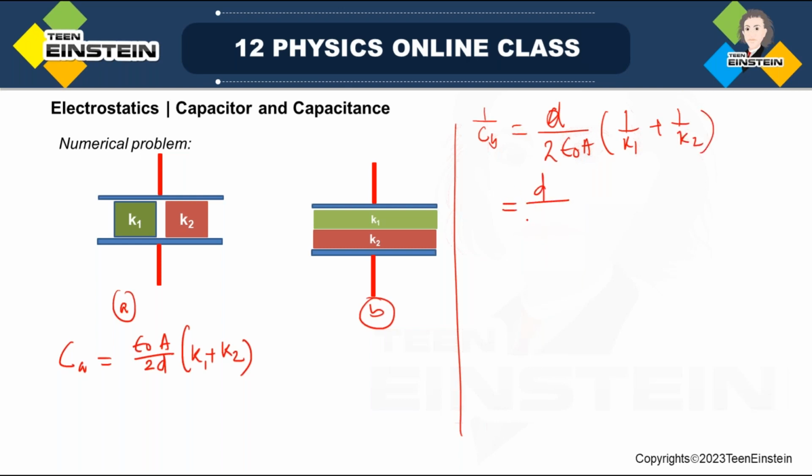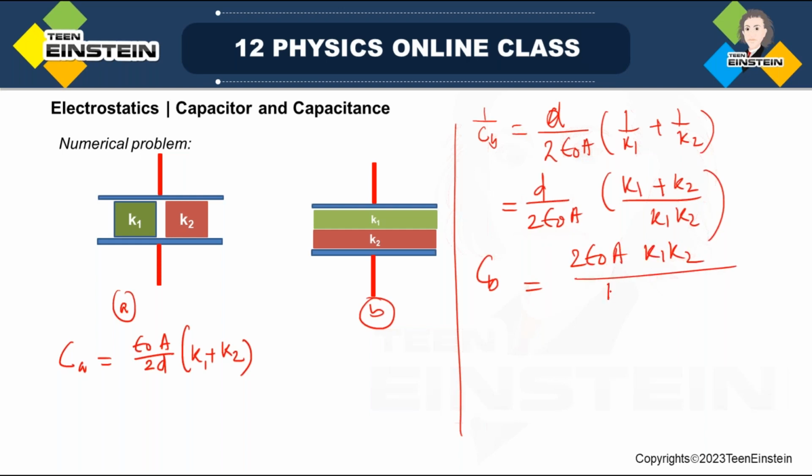Now we can just do a little bit of simplification here. So K1 plus K2 divided by K1 K2, and see, we can write here CB as 2 epsilon naught A K1 K2 divided by K1 plus K2. So this is what we can write.